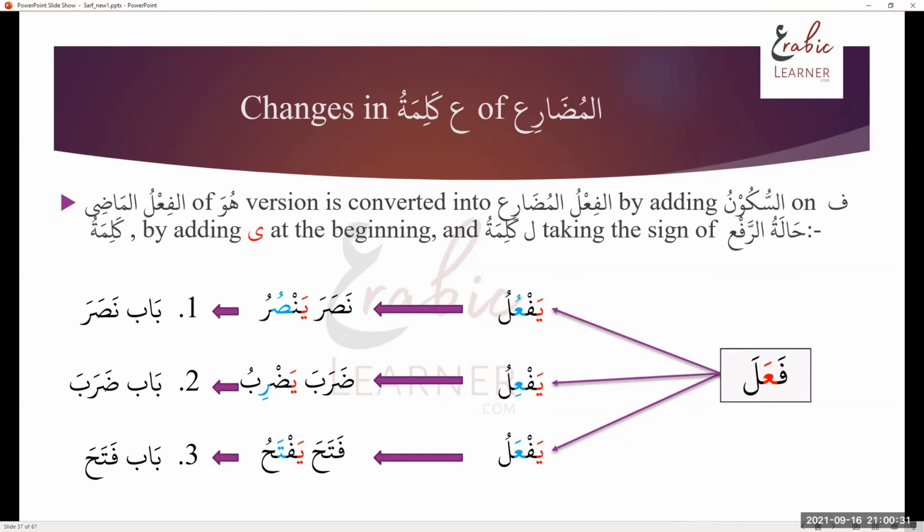And believe me, don't confuse yourself by listening to different people explaining families and babs in different ways, because you will be lost otherwise. I'm not saying don't listen, but I'm teaching you in a simplified technique. Okay. So I think I will stop here.